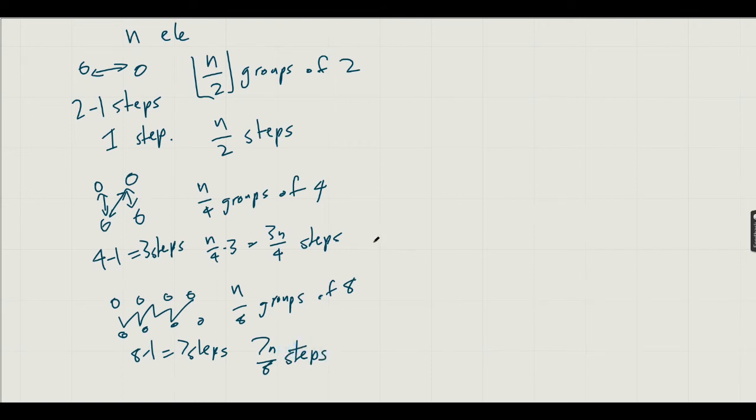So we see this pattern. The coefficient of n is always going to be 1 less than the denominator of n, and the denominator of n is always going to be a power of 2. So building a formula from this, until we combine all groups into 1 group of n, we can keep inducting this all the way to n until we have 1 group of n.